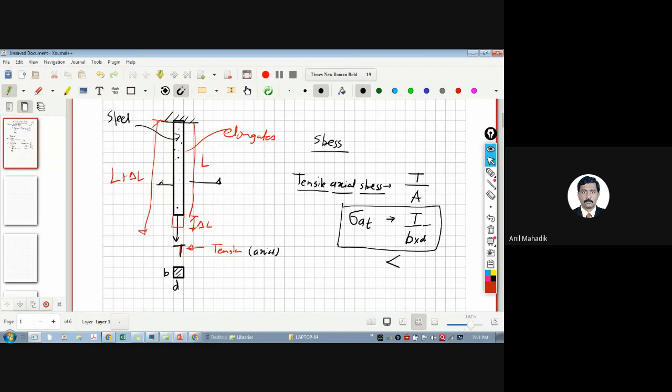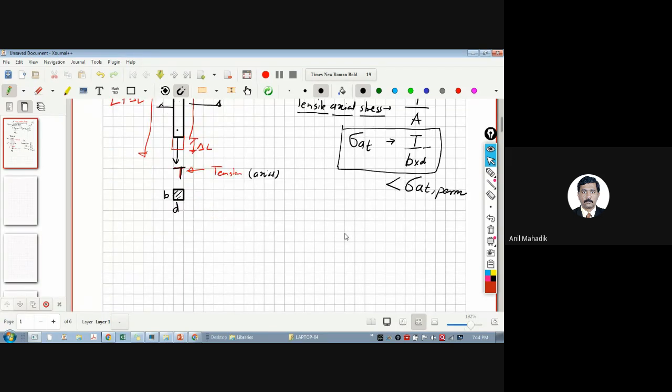So it should be less than sigma A T permissible. Okay. So where do we get this?